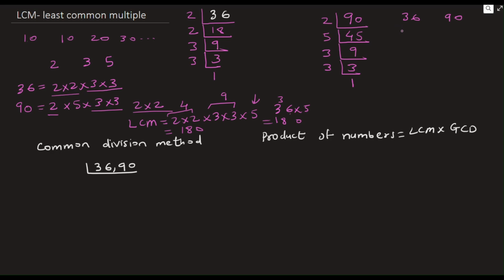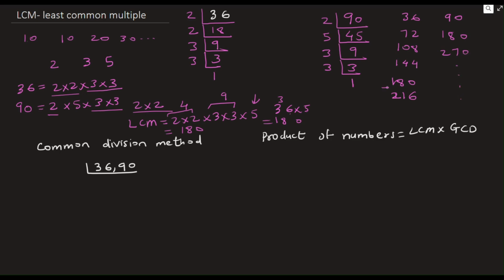So 36 times 2 is 72, 36 times 3 is 108, 36 times 4 is 144, 36 times 5 is 180, 36 times 6 is 216. Then for 90, 90 times 2 is 180, and 90 times 3 is 270.